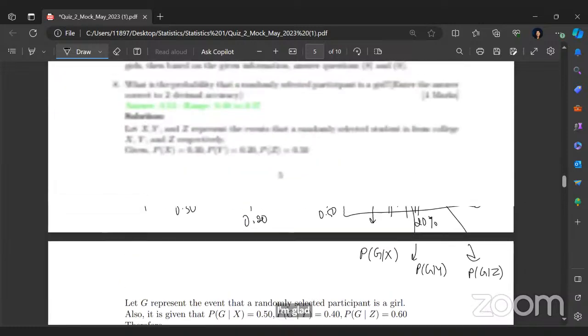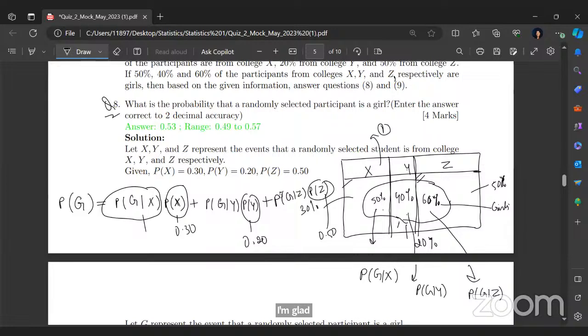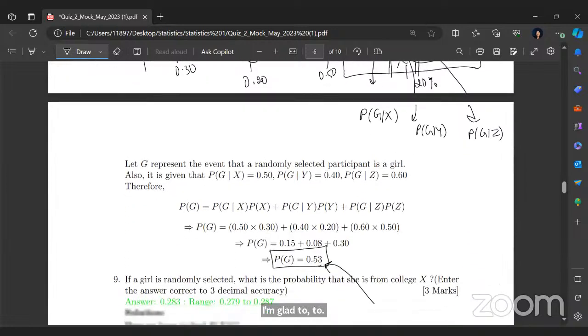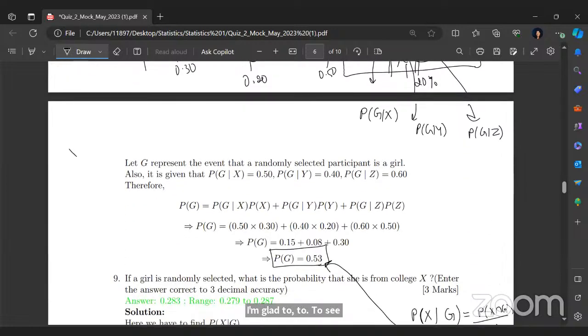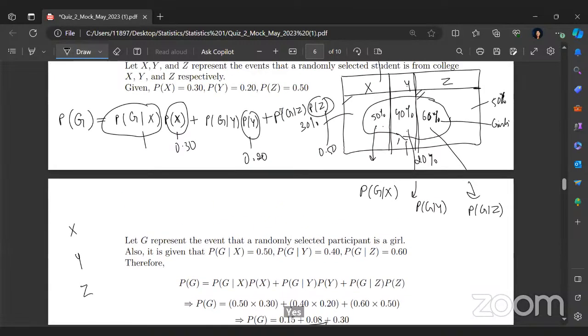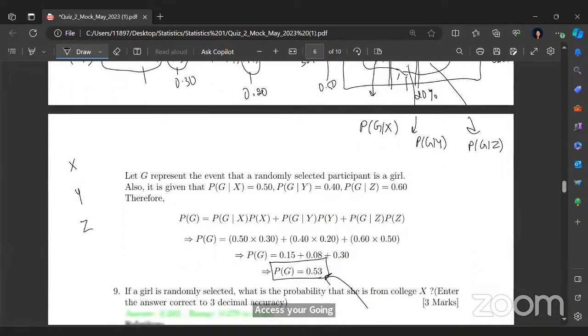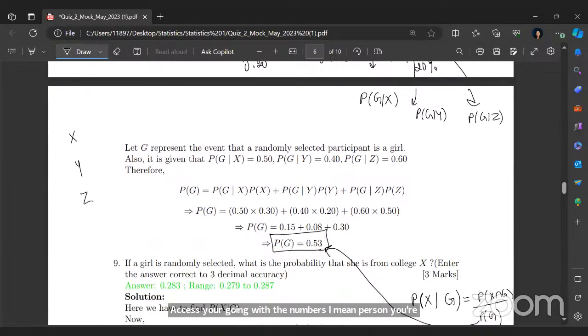Then 30 students from college X and 50 students from college Y. So you are saying you do X, Y, Z. Ma'am, going with the numbers, this is 30, this is 20, this is 50.